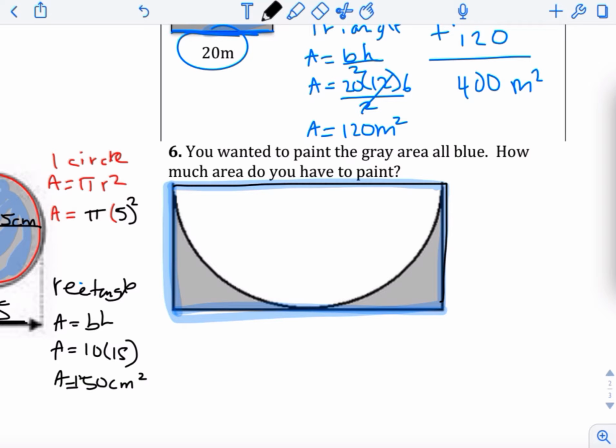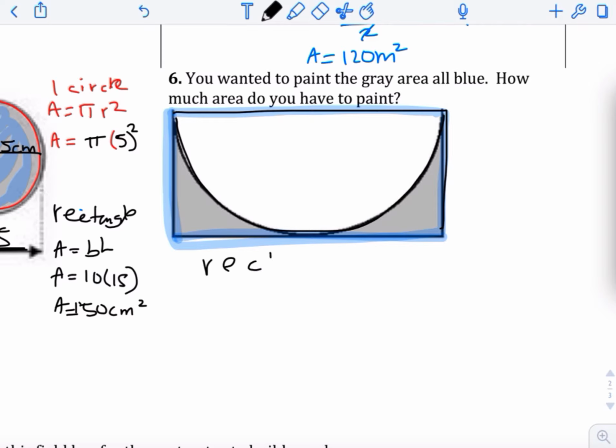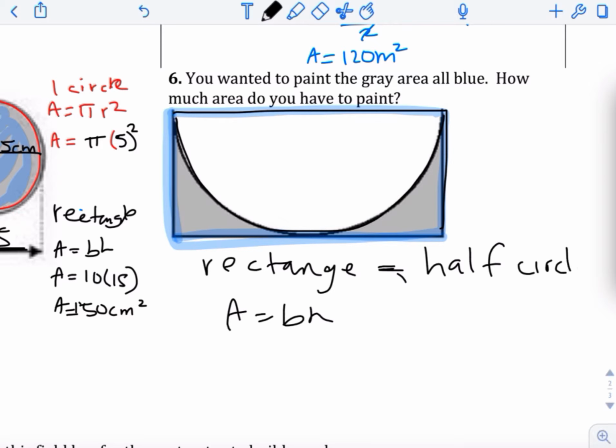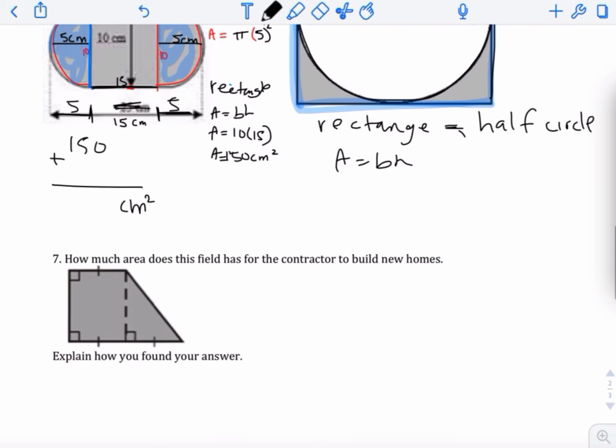So it's a rectangular shape minus this half a circle. So for the rectangle, area is base times height, get that answer, minus half a circle. That's how you find how much area is left for painting.